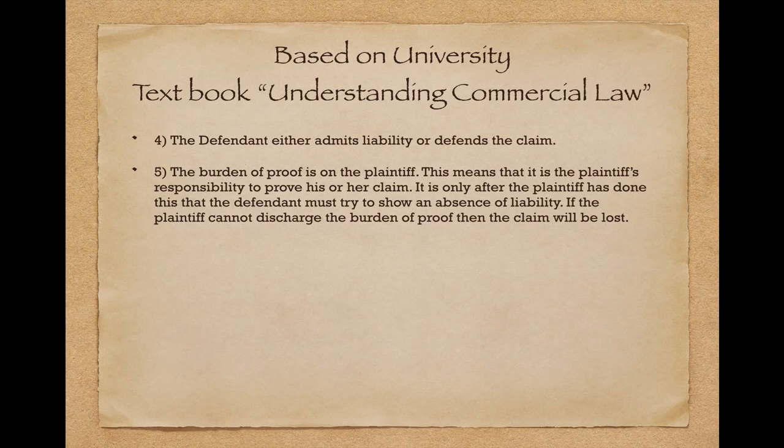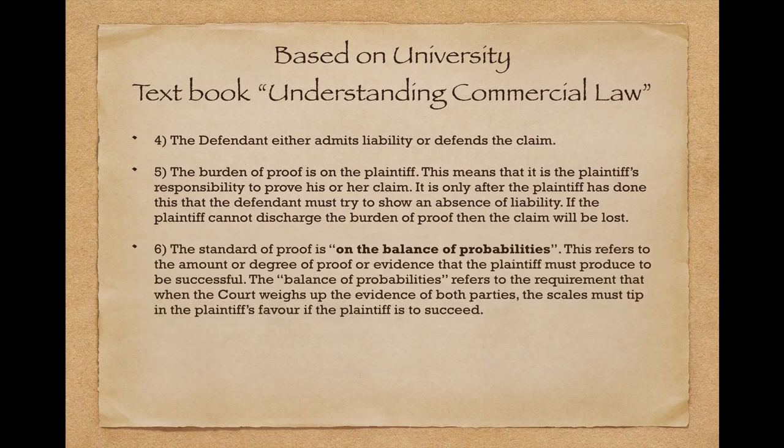If the plaintiff cannot discharge the burden of proof, then the claim will be lost. You wouldn't want to do that, would you? Now, here's the big difference. The standard of proof is on the balance of probabilities. This refers to the amount or degree of proof or evidence that the plaintiff must produce to be successful.